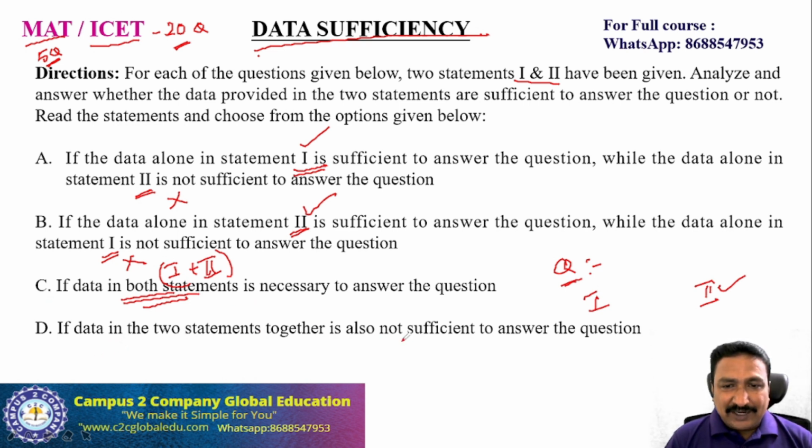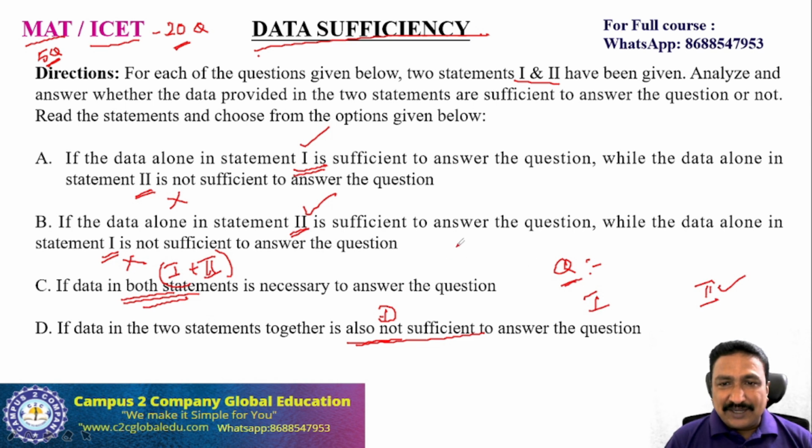Suppose while combining the first and second statements also, you are not getting the answer, then the answer is choice D. So based on these 4 options, we have to decide between choice A, choice B, choice C and choice D.